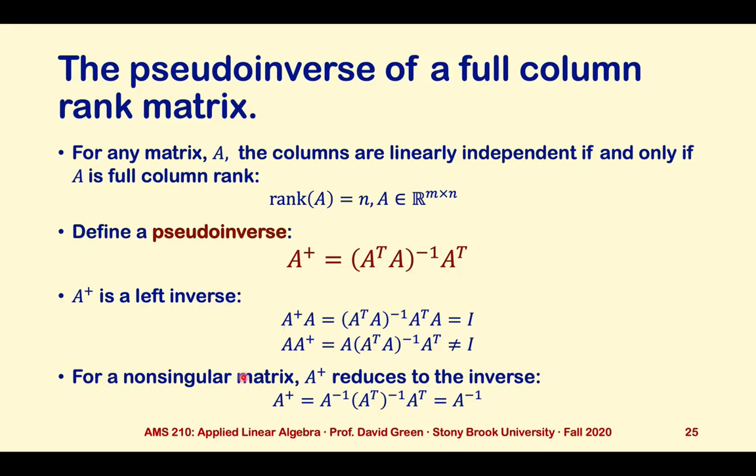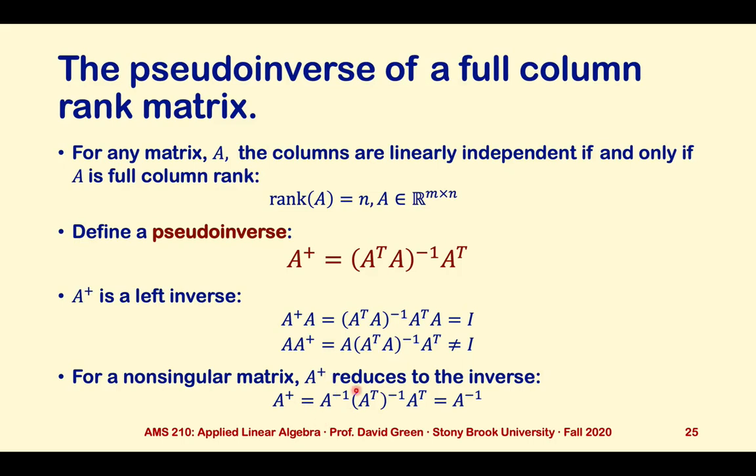For a non-singular matrix A, that is if A is full rank but is also square, then this A plus gives us back the true inverse. A plus would be A inverse times A transpose inverse times A transpose.